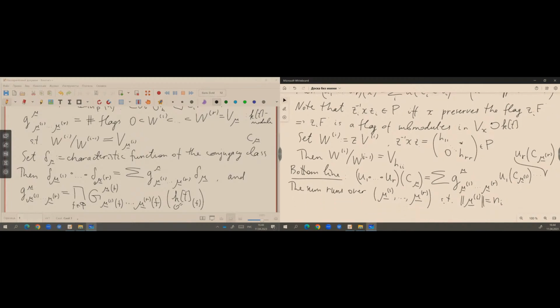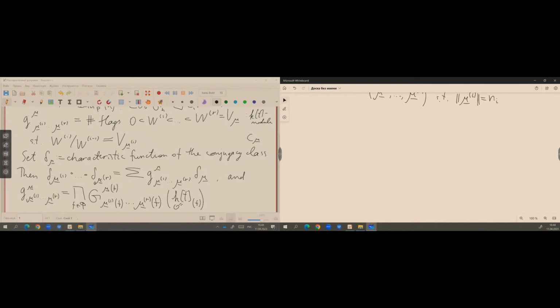Now, we introduce important notation. So A_n is the set of central functions on GL_n.